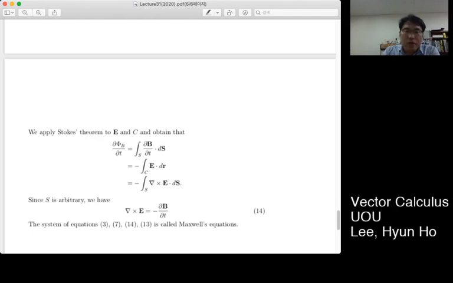So now we have the curl of E in the surface integral, and the first one and the second one are equal.